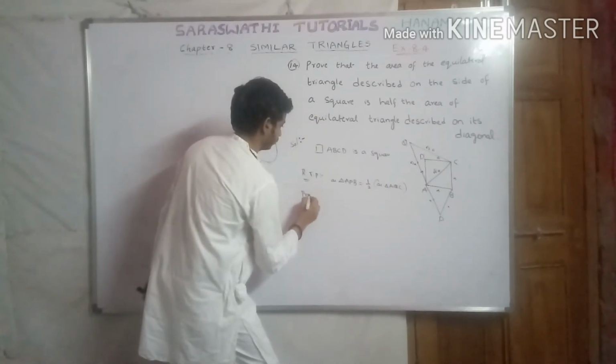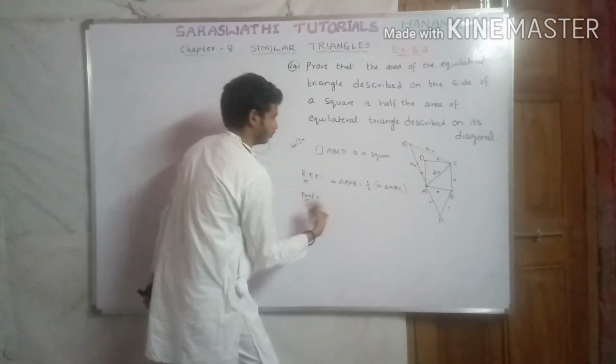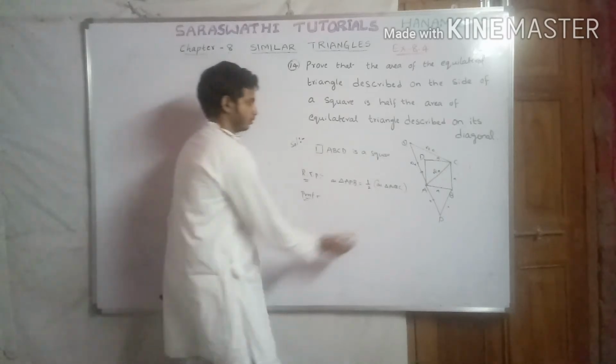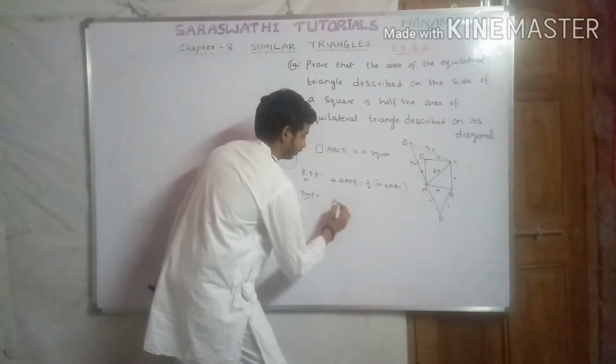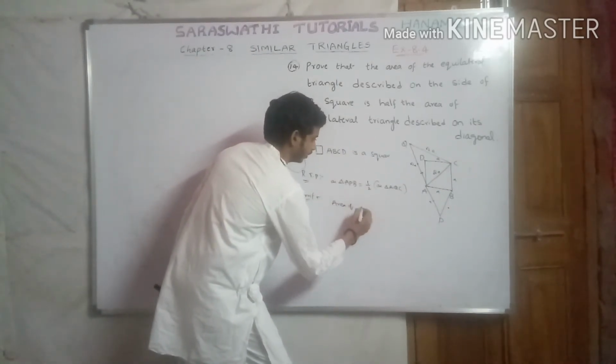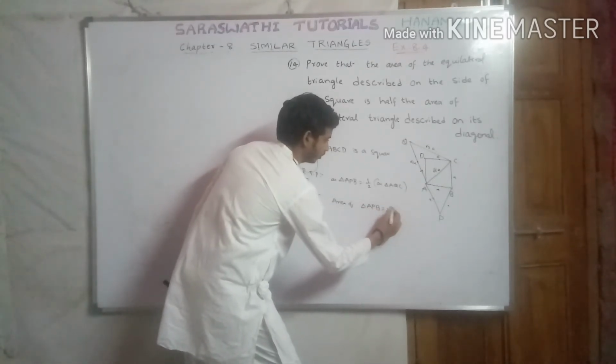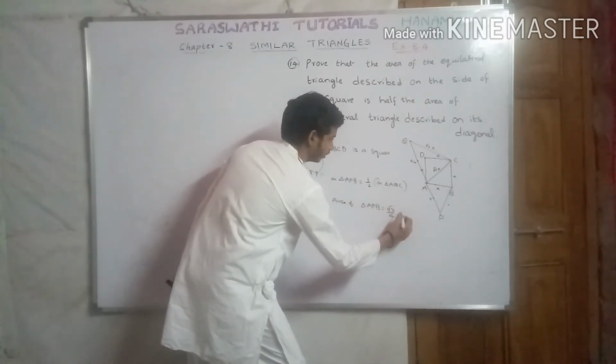Proof: we know that the area of an equilateral triangle is root 3 by 4 a square. So the area of triangle APB equals root 3 by 4 a square.